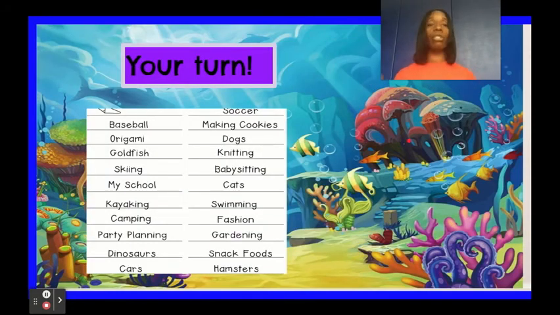So now, scholars, it's your turn. Think about what you've been writing about and think about how you can pick at least 3 words that you would like to put in a glossary to help your readers understand the text better. And if you want to, scholars, you can also make a picture.